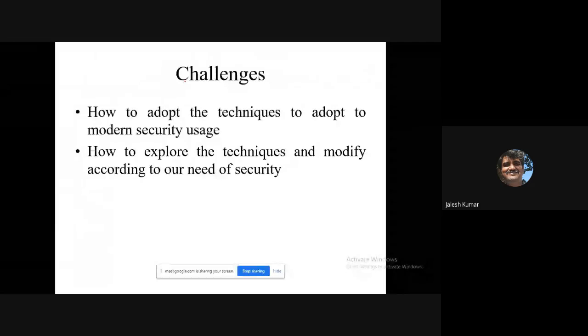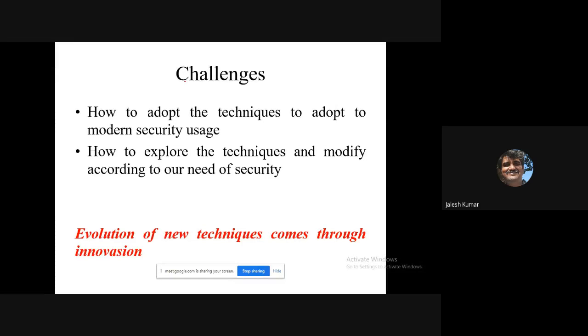When you are thinking about that, we finally conclude with this word: evolution of new techniques comes through innovation. That is always there, whatever the attack, whatever the algorithm, because most of the time we are working on the same standard algorithms: DES, triple DES, AES, Blowfish, RSA, many stream cipher techniques like RC4, and many authentication techniques like MD5 and SHA of different versions, is it not?